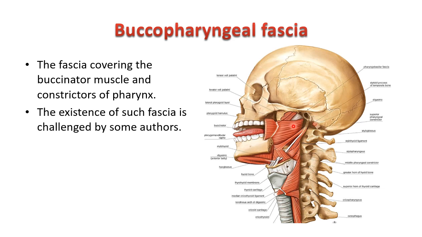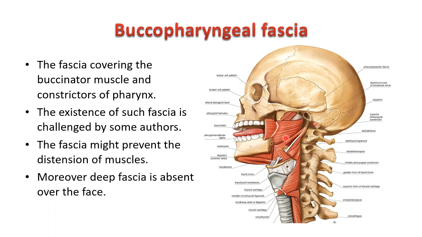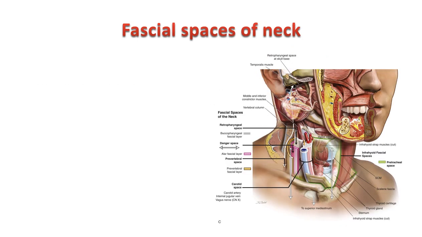So they tell it is a very weak fascia, the buccopharyngeal fascia. Okay, so there are two contrasting opinions as to whether the buccopharyngeal fascia as such is present, covering externally the buccinator and the constrictors of the pharynx. So now we will move on to the second part of today's lecture, that is the fascial spaces of the neck.